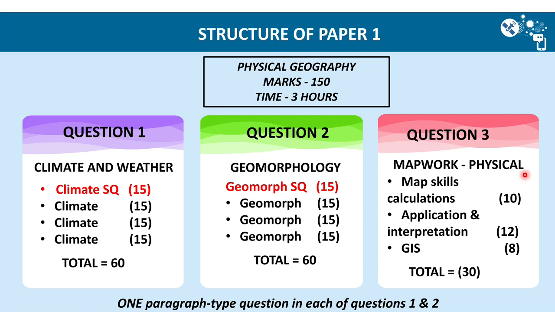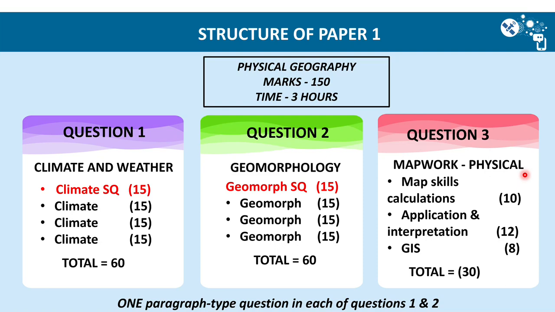Further information. There are 3 questions in the question paper. And from the slide in front of you, you can see that the first question deals with climate and weather. There are 4 questions of 15 marks each, giving me a total of 60 marks for the climate and weather section. The very first question, typed in red, where it says climate SQ, the SQ is an abbreviation for short questions.